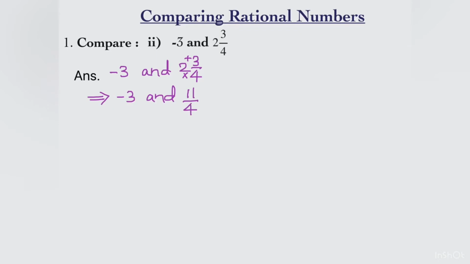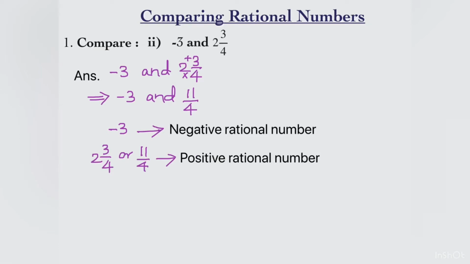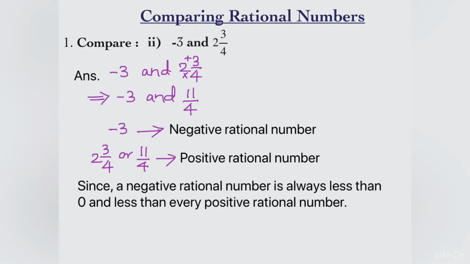Now let's compare minus 3 and 11 by 4. Minus 3 is a negative rational number and 2 3 by 4 or 11 by 4 is a positive rational number. Since a negative rational number is always less than 0 and less than every positive rational number, therefore minus 3 is less than 2 3 by 4.